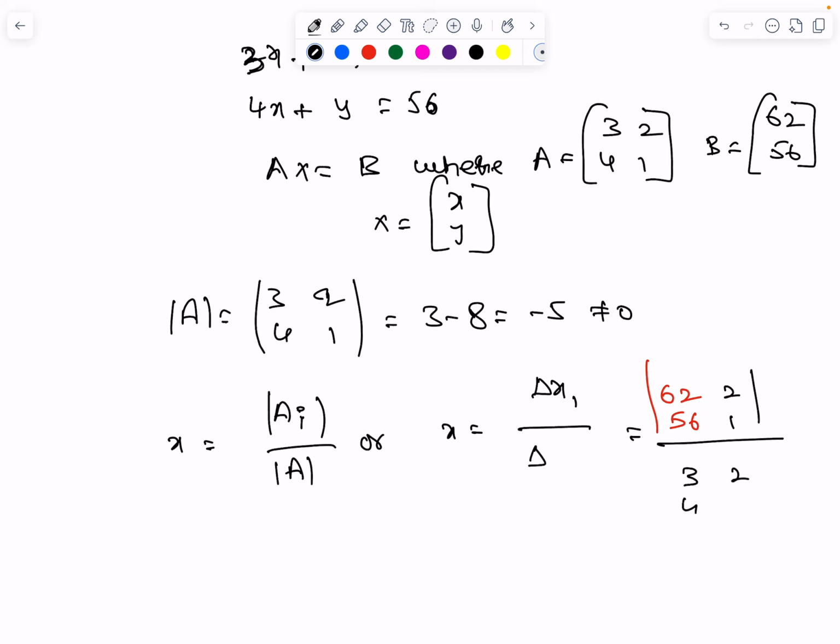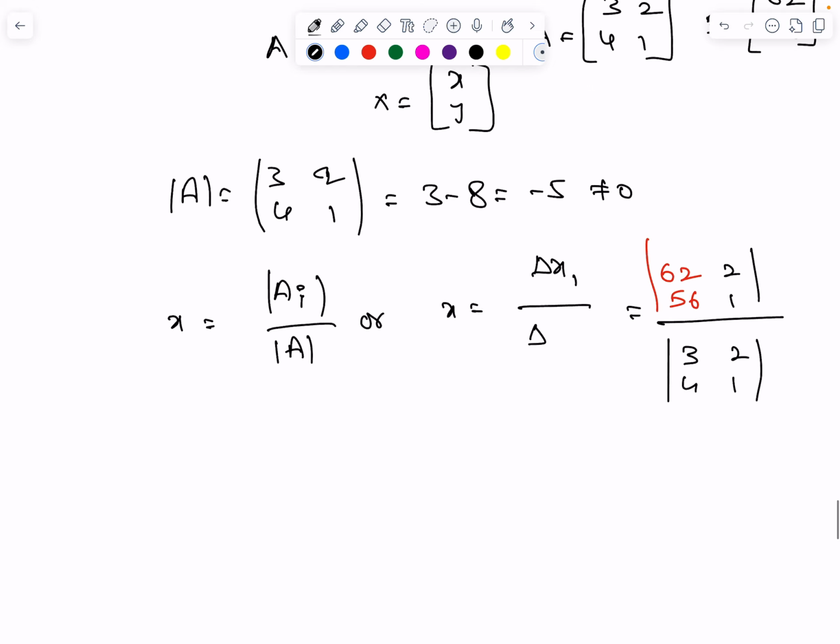The determinant in the denominator is the same for all cases. So this is equal to 62 minus 112 divided by minus 5, which we have already calculated. This is equal to minus 50 divided by minus 5.